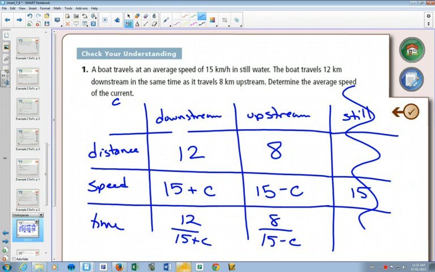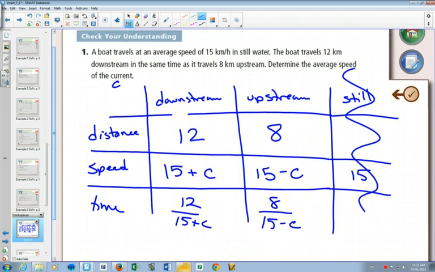So where is the sentence or where is the piece of information in this question to make an equation? Okay, that's what we want to find. We want to find what C is, but we need to make an equation to determine that. What would the equation be and where is that in the sentence? Yeah, Austin?